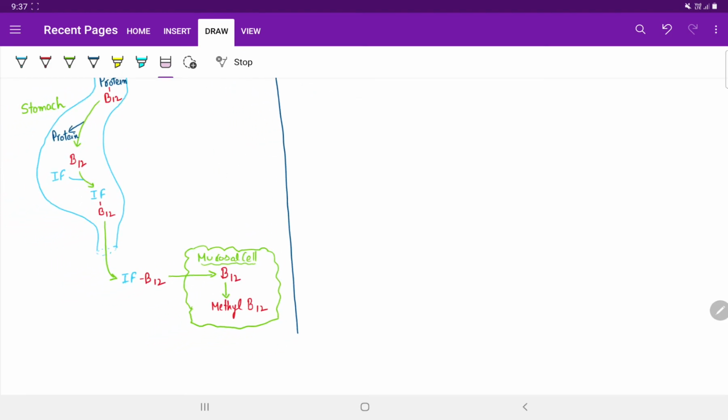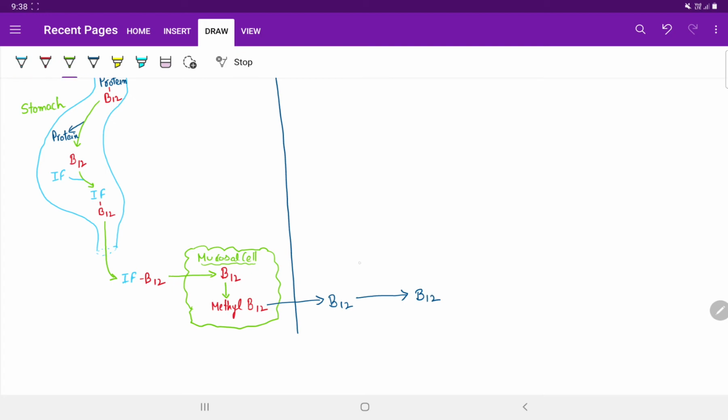So now this vitamin B12 goes into the plasma, and it is subjected to transcobalamin enzymes, leading to formation of TC1B12, and simply a B12 is liberated.